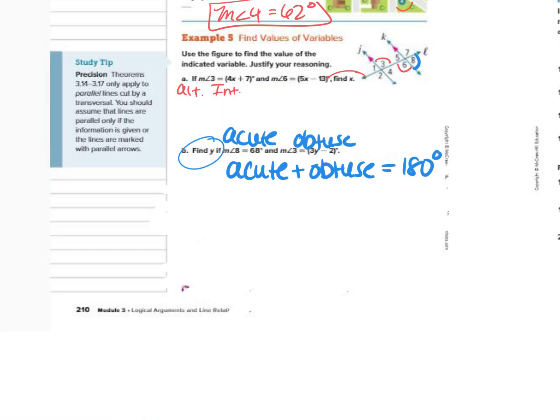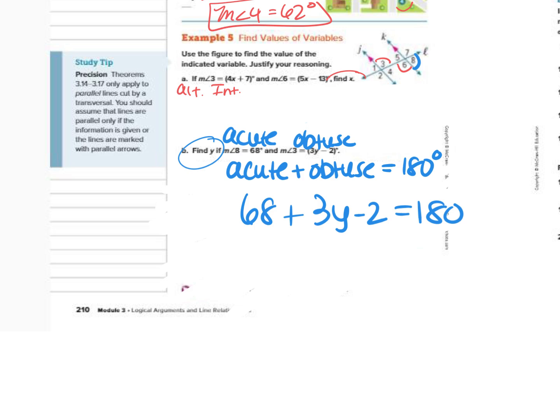So then I can replace the expressions that they've given us into this equation. Angle 8 is 68. The other angle is 3y minus 2. And that is all equal to 180.